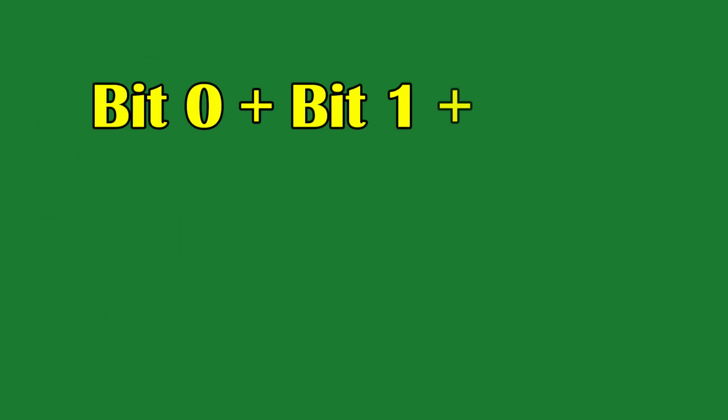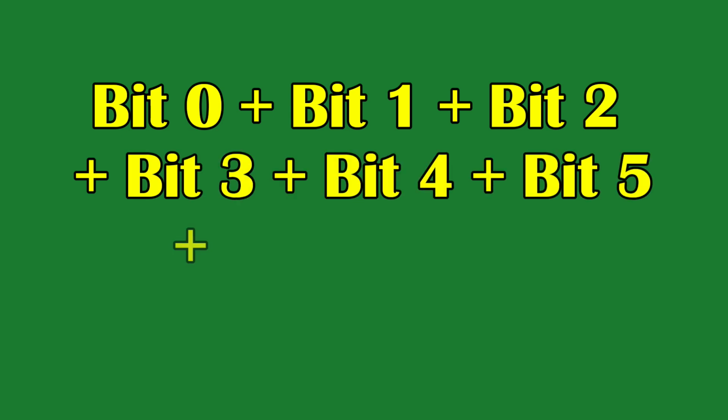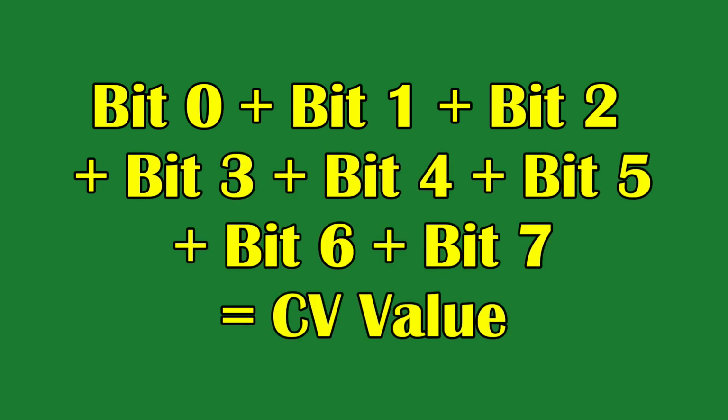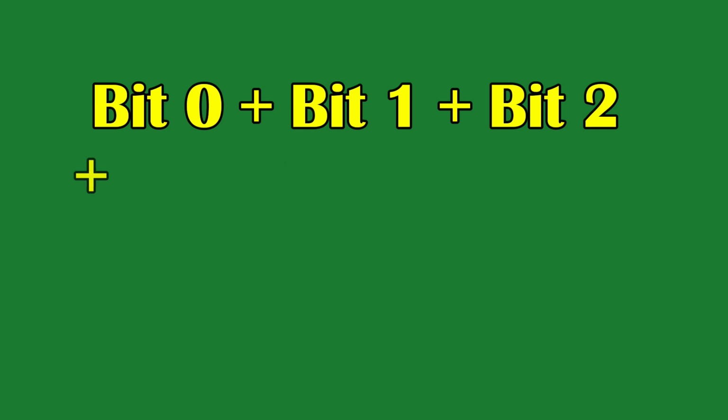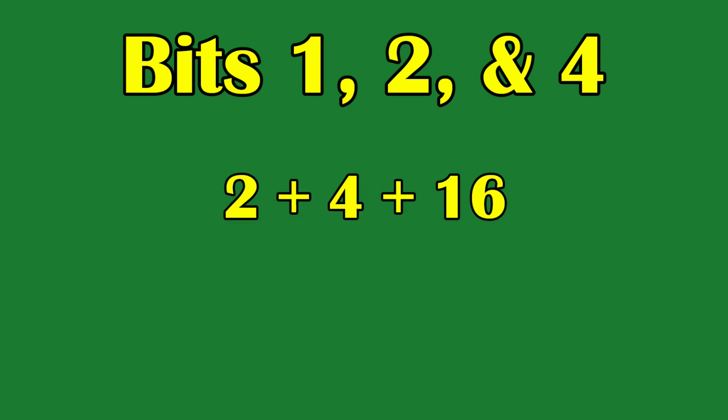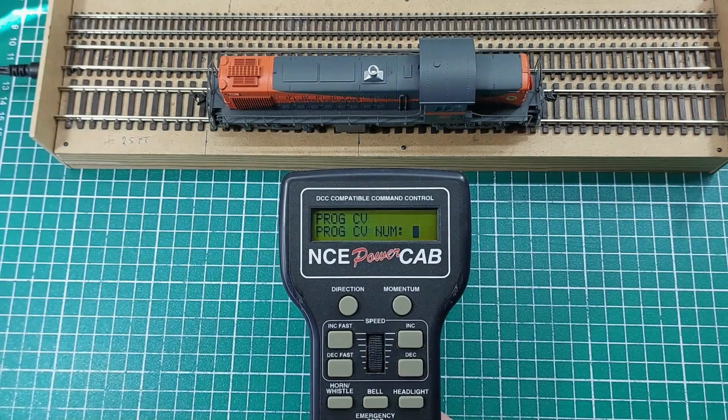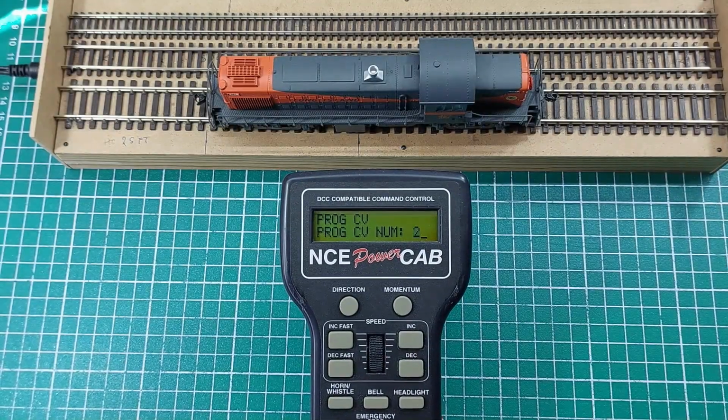If you want to turn on several bits at the same time, you simply add the respective activation values together and input that into the CV. So if you wanted to activate bits 1, 2 and 4, then you would add 2, 4 and 16, which would give you a value of 22. You would then input that into the CV.